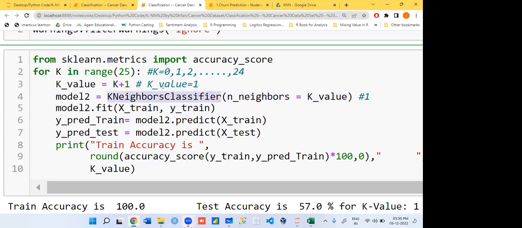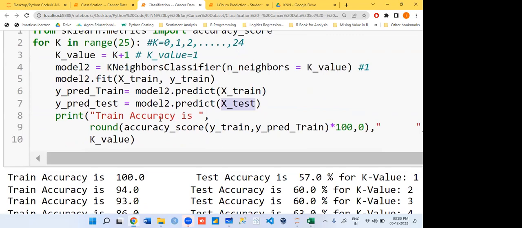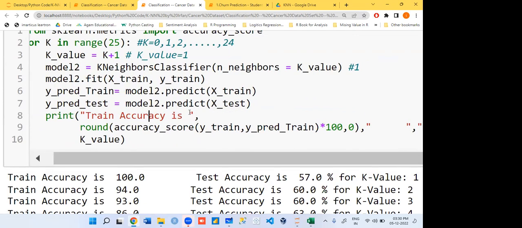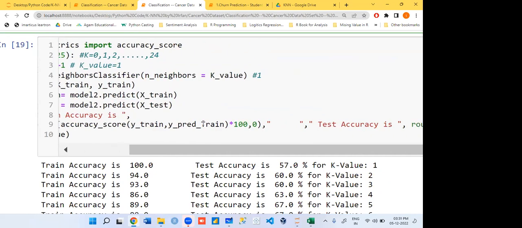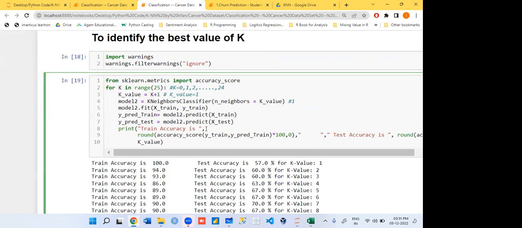Okay. I want to run the K neighbors classifier, sending in model 2. Apply on X train and Y train. Is this clear? Using model 2, I want to predict for X train and X test. I need to compute the score. First, I'm computing the score for train data. Next, I'm computing the score for test data.